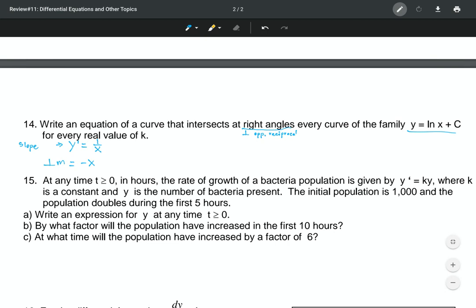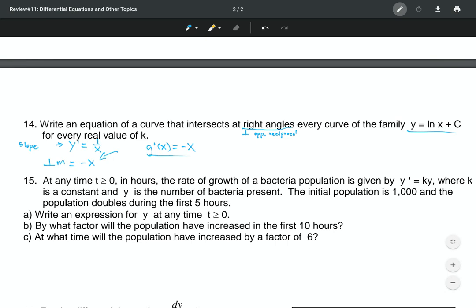So what I just found here is the derivative of the curve that I'm trying to look for. Okay, so again, what I found here, this is the derivative, and let's call this function g. I found the derivative of the function or the equation of the curve that I'm looking for.